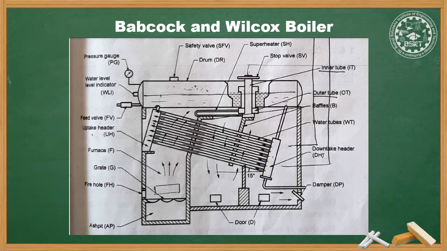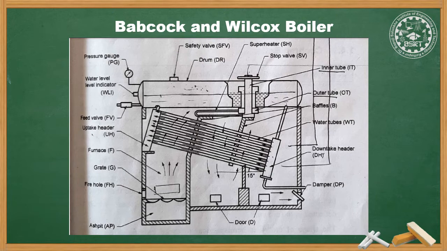The baffle plates provided between the tubes act as deflectors, giving direction to the hot gases to move upward and downward and towards the chimney, cooling so that the maximum amount of heat is utilized by the water, and the water gets heated and converts into steam.